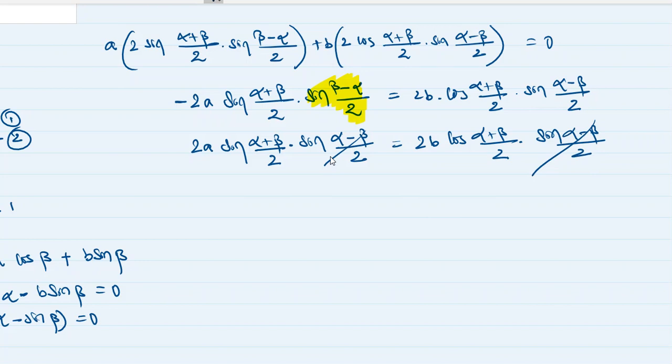Okay. Now I'm just going to cut 2 also, and I get B by A, not A by B, because I want tan, right?